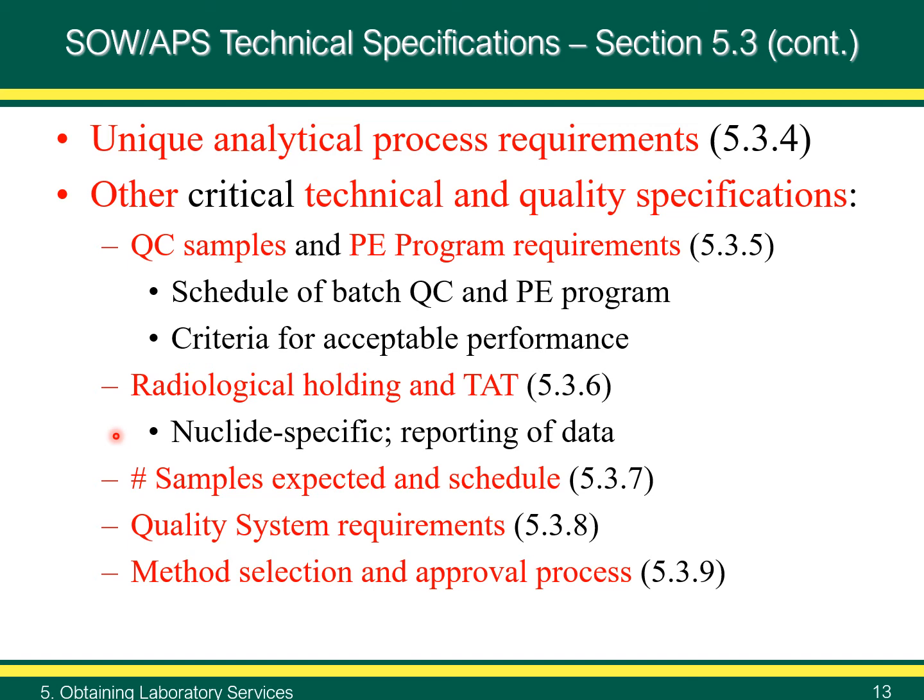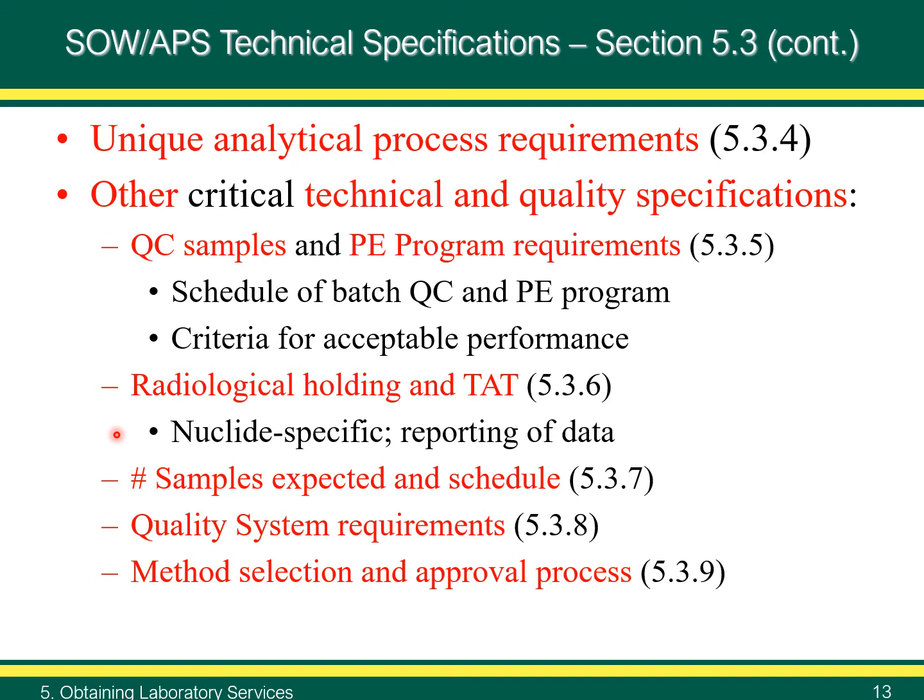The turnaround time is defined as the time from receipt of samples at the laboratory until results are reported to the project manager. Turnaround time specifications will vary according to project-based needs for the receipt of analytical data.